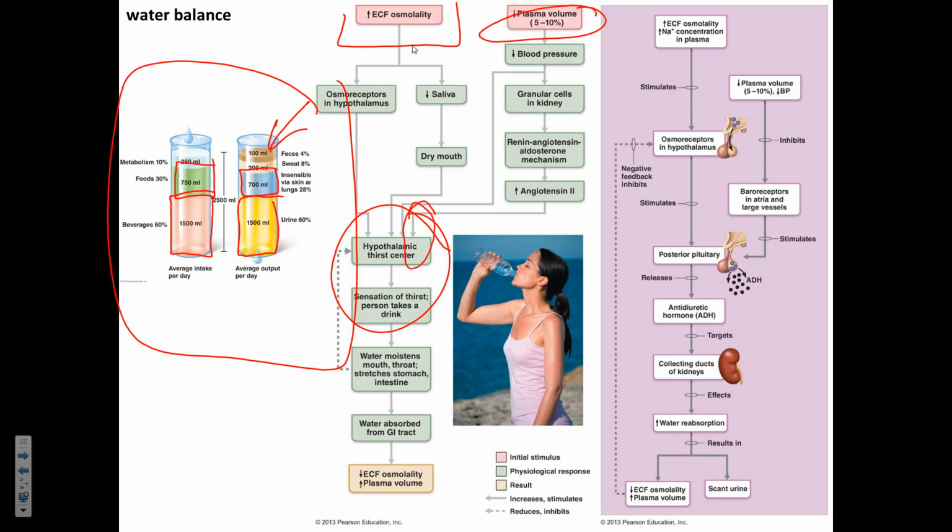One of the mechanisms is stimulation of thirst. Another mechanism is retention of sodium. Retention of sodium, retention of water. That makes sense. And this is via ADH, okay? So we've already talked about it.